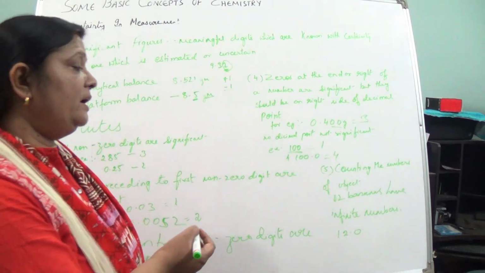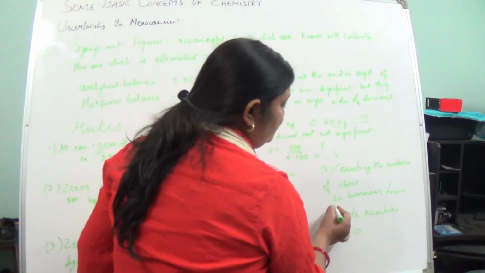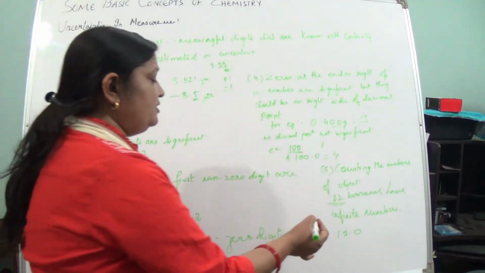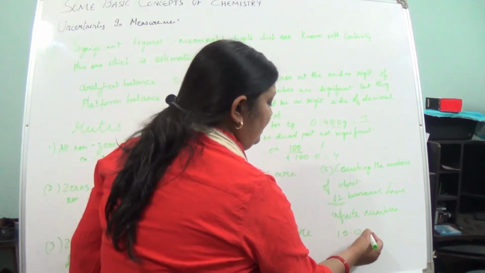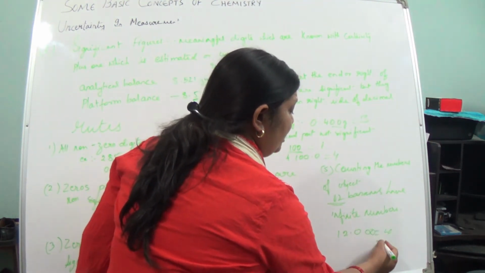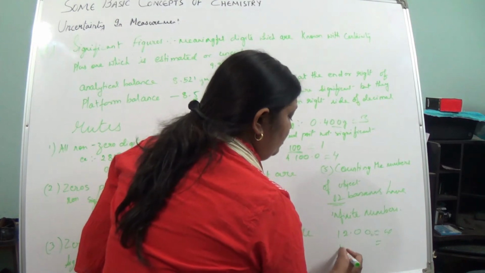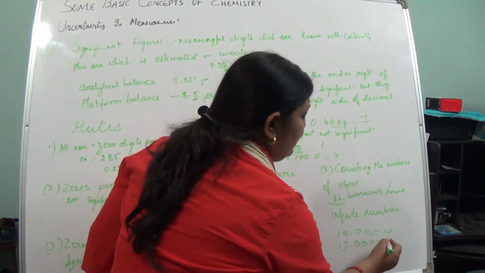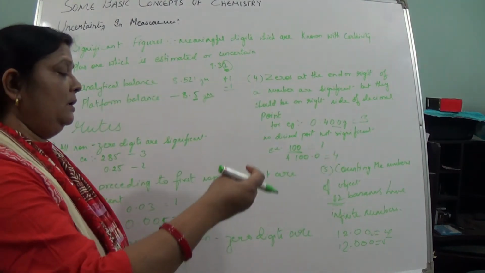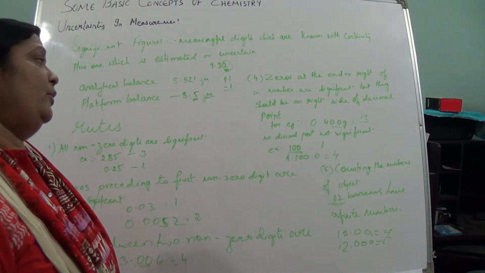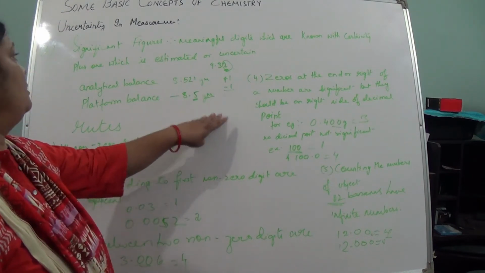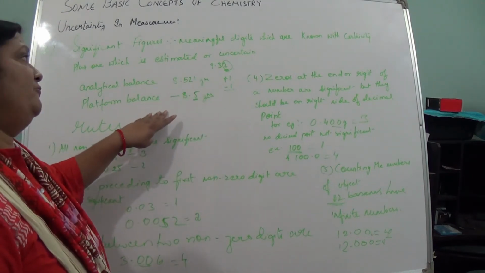So here they are saying that counting of numbers can have infinite significant digits, because after 12 if you are going on adding, here it is consisting of 4, if you add one more 0 it becomes how much? 5 significant. So it is infinite. It depends how many zeros are coming after the point. So these are all the rules of finding out the significant figures.